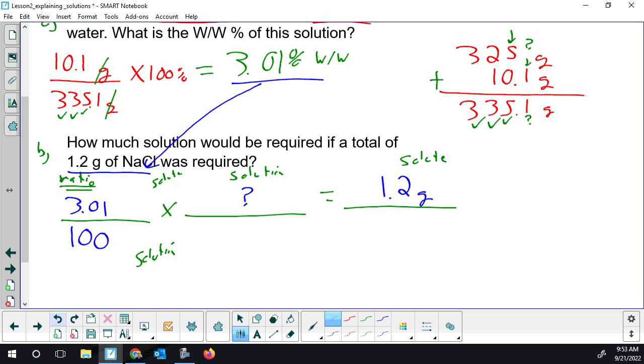So 3.01% is like 3.01 grams out of 100 grams. Okay. When you undo the concentration, you get to pick any units. And now I have things nicely set up. I can rearrange and solve for that question mark.